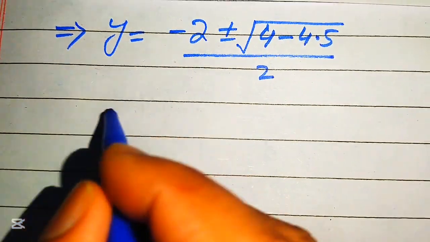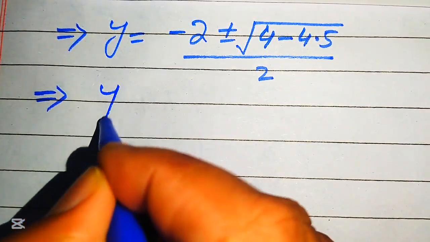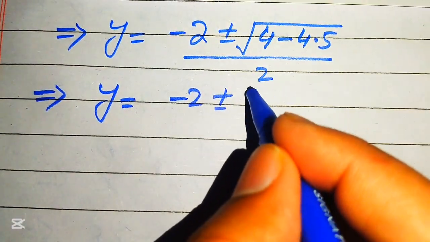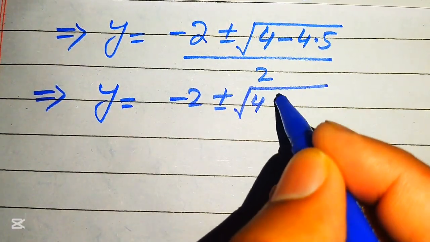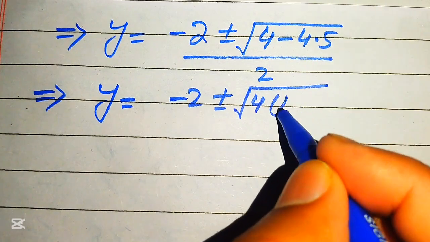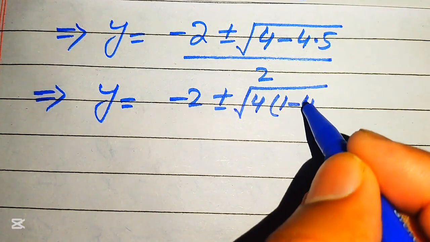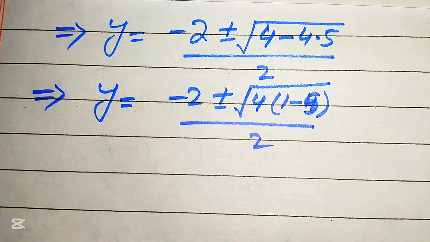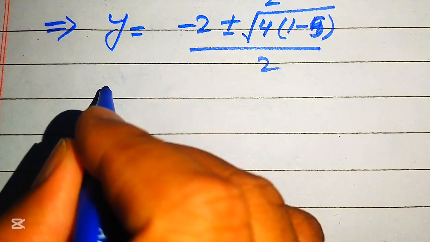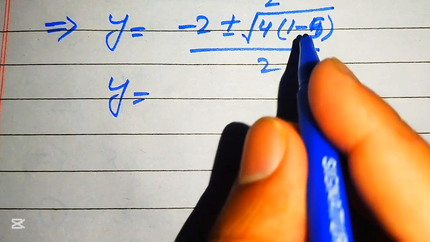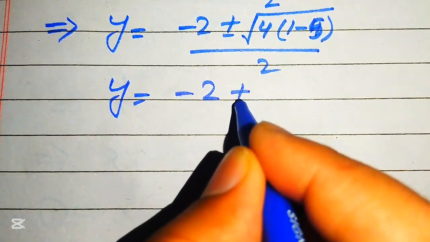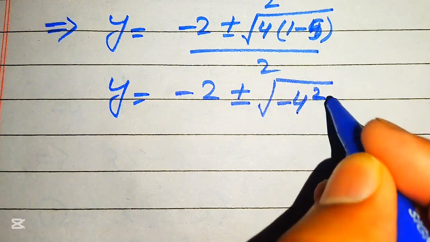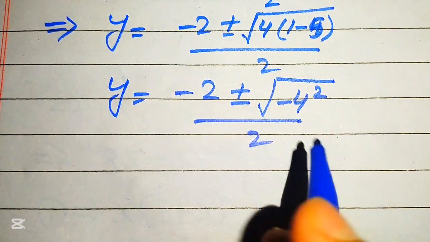And now in the next step we need more simplification, and it will be written as y equals minus 2 plus minus, here we need to take common 4 from both of these values, and it will be written as 1 minus 5, divided by 2. So here you see that 1 minus 5 is equal to minus 4, so we write it as minus 2 plus minus square root of minus 4 square, divided by 2.